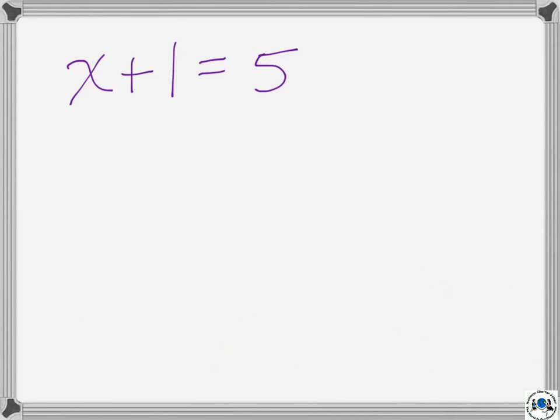So we might have an equation, and we know our equations right now. Here's an example of an equation. An equation is very simply denoted by an equal sign. In this case, we are saying x plus 1 equals 5.